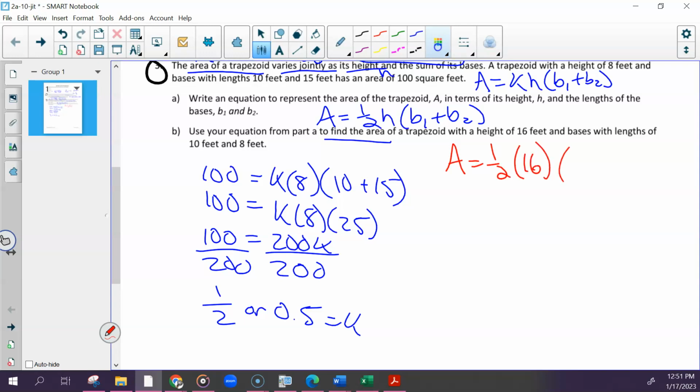16, and our bases were 10 and 8. You can put that all in at once. You can do bits and pieces and then do it all together. What was your area?